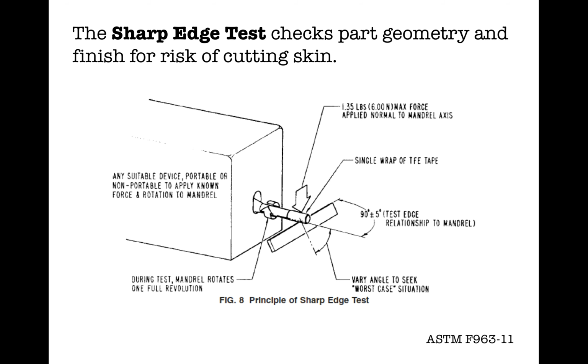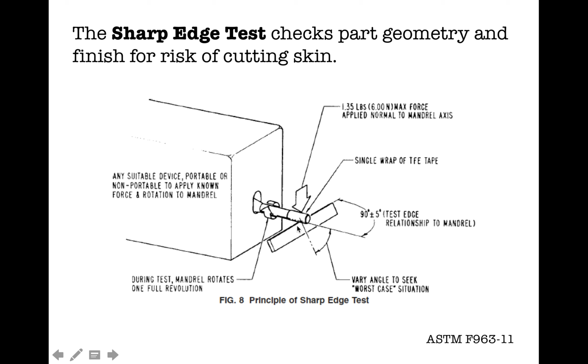Sharp edge test is what's used to determine whether you have a sharp part. This is a test that we will have set up in the design studio for you so you can test your parts. But it's basically, there's a mandrel, so there's a spinning object here. It's supposed to simulate a kid's finger. And you wind some Teflon tape around this spinning mandrel.